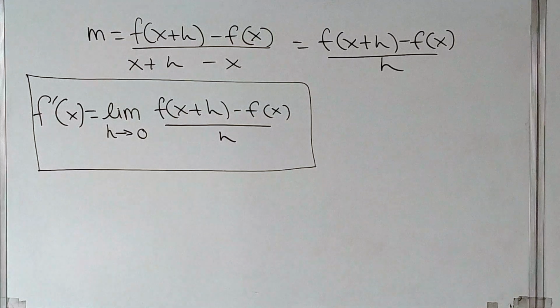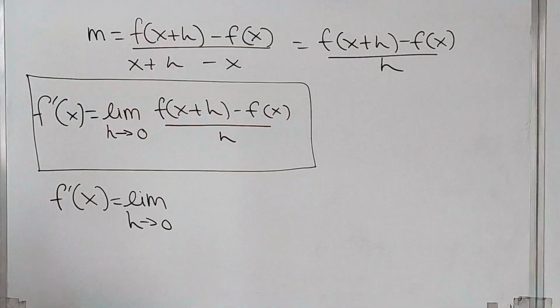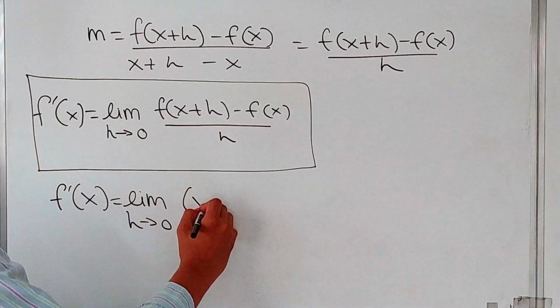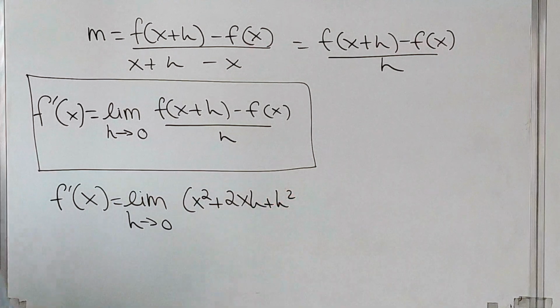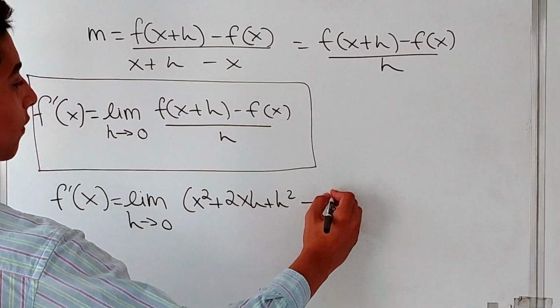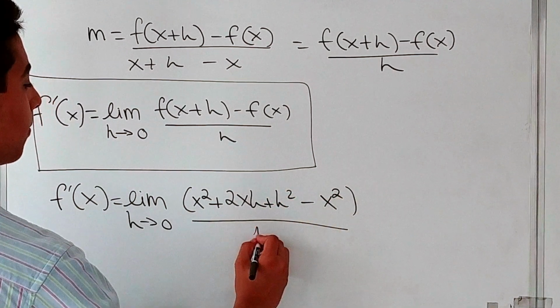Instead of taking x equals 1, we just generally go by and expand it. So we will get x plus h squared, which is x squared plus 2xh plus h squared minus x squared divided by h.